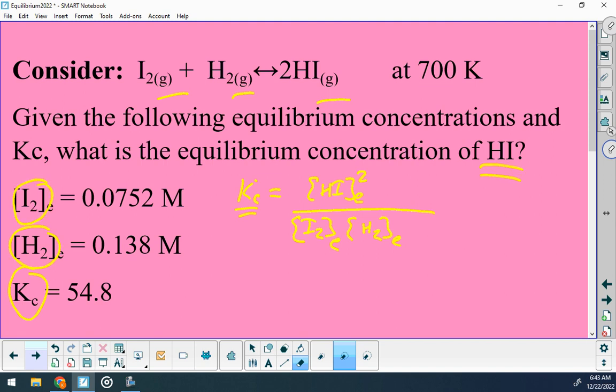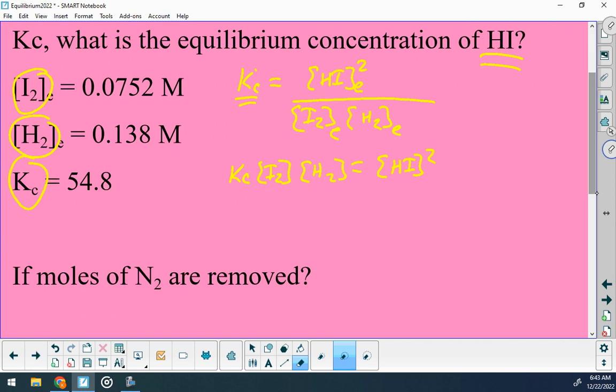So we want to solve for HI. Multiply both sides by I2 and H2, so I'd get Kc times my concentration of I2 times my concentration of H2, and that is equal to HI squared. Then I want to take the square root of both sides, and when I do that, I get that my HI is equal to the square root of Kc times the concentration of I2 times the concentration of H2.